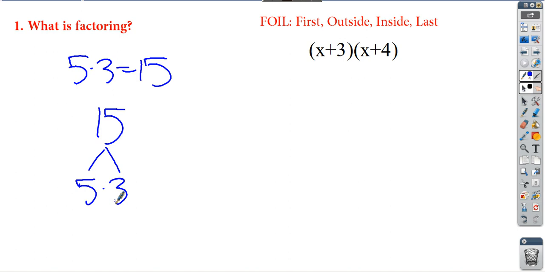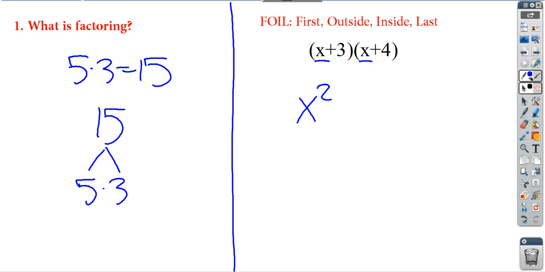So for example, if I had this expression right here, x plus 3 times x plus 4, we could multiply that using the acronym FOIL, which means first, outside, inside, last. The first terms in each parentheses would be x times x, and that equals x squared. The outside terms right here would be x times 4, which is 4x.